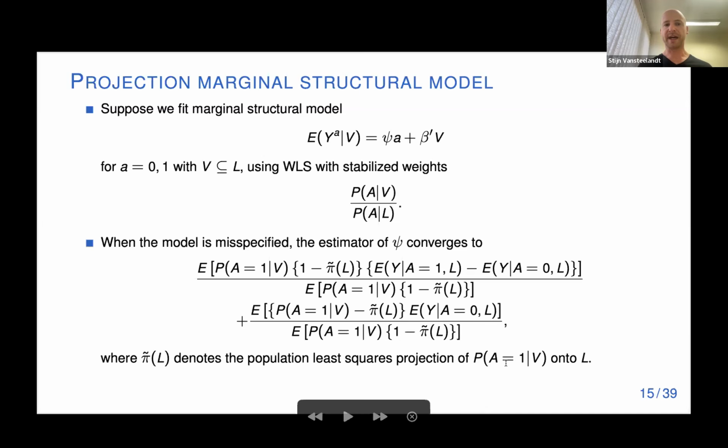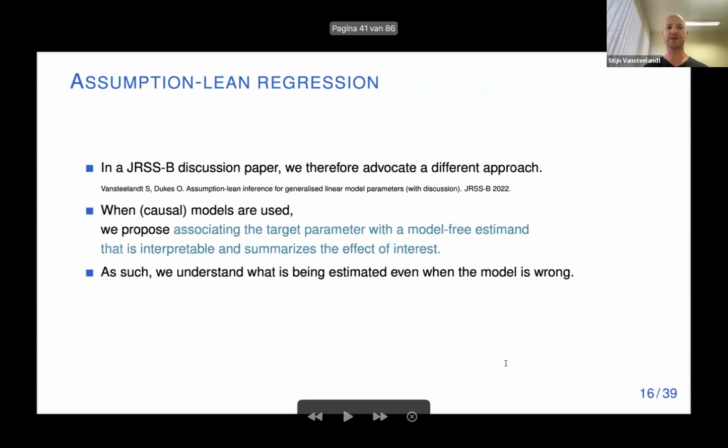But again, the point I want to make is that in these causal models, when the model is misspecified, we often have no very good understanding of what we're getting in that case. So in a GRSSB discussion paper, Oliver and I therefore advocated a different approach.